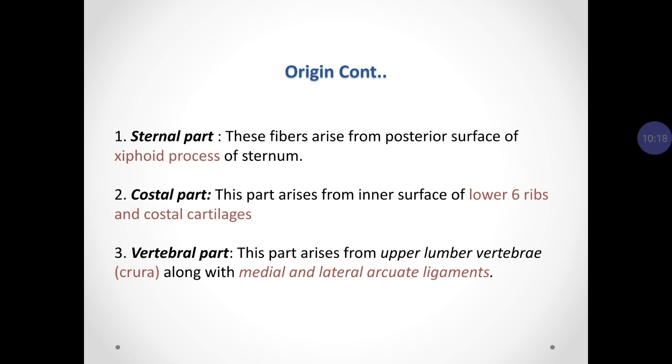The third part was the vertebral part. Most of the fibers of the diaphragm arise from the vertebral part. In general, the fibers arise from the upper lumbar vertebrae in the form of crura, and then from the medial and lateral arcuate ligaments.